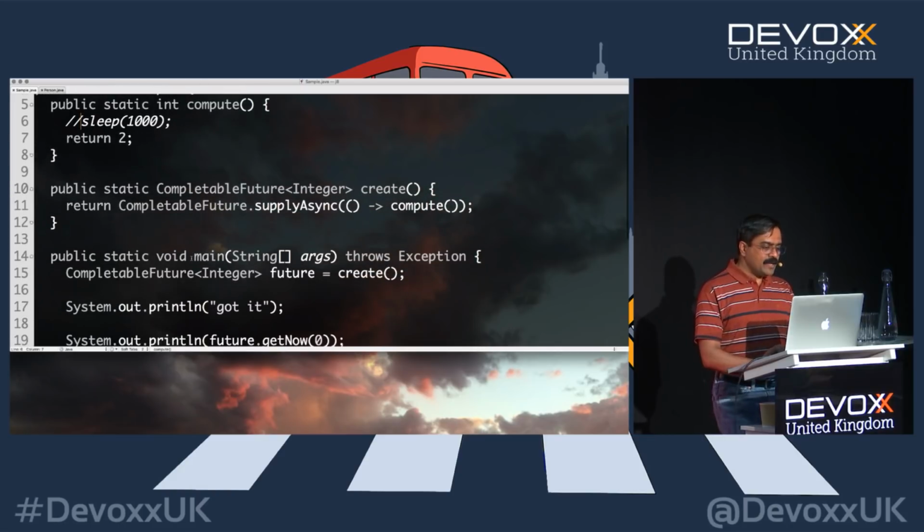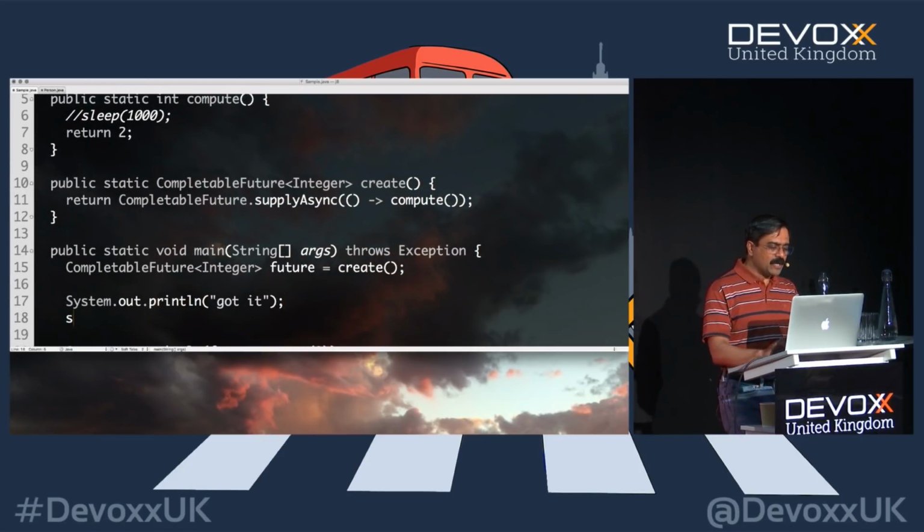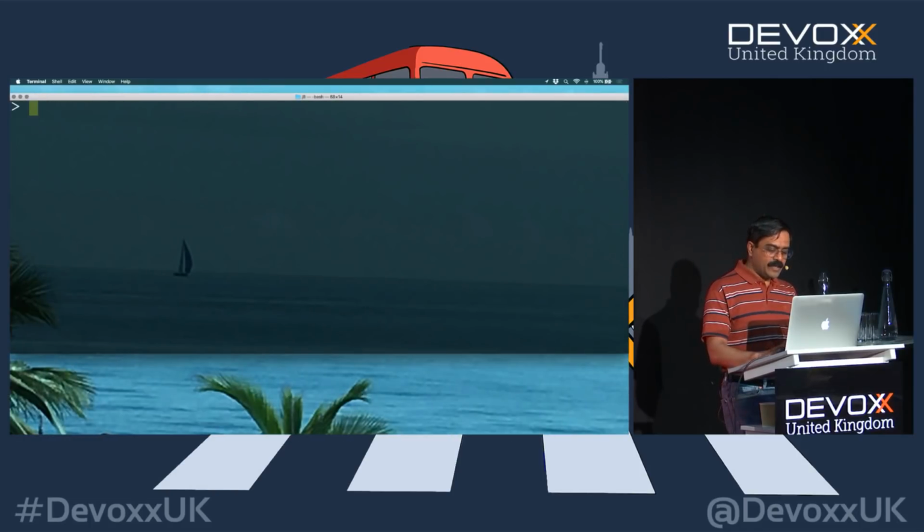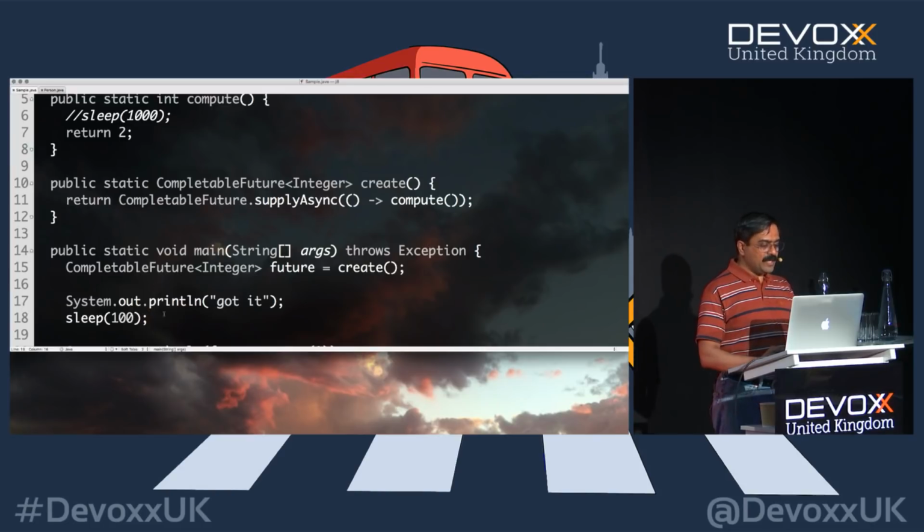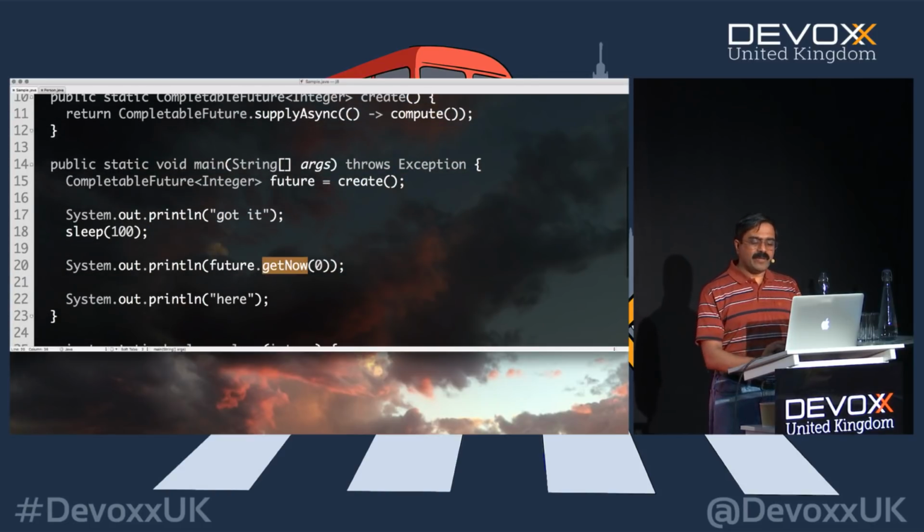But on the other hand, if I were to delay this just a little bit, sleep for about 100 milliseconds with the hope that it'll be done by then, maybe we will get that value too right there. Absolutely. So again, I'm not a big fan of getNow. Maybe there's some special situations where it might be useful, but in general, I would say don't bother with it.